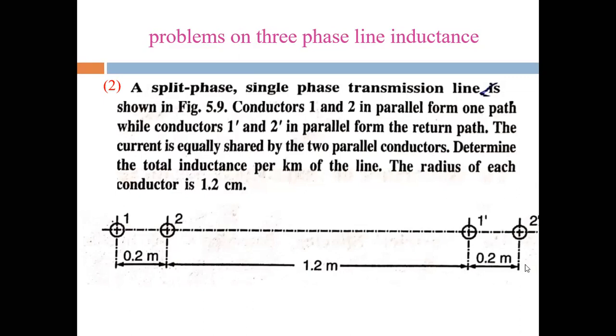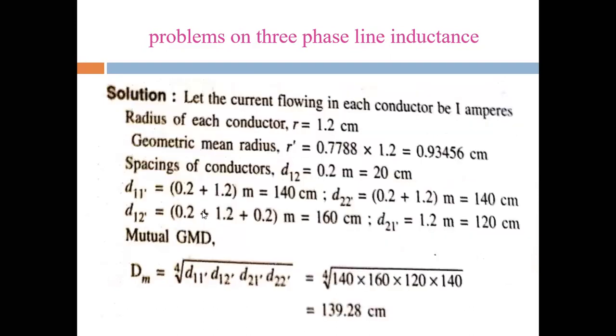So the distance from 1 to 2 dash is 0.2 plus 1.2 plus 0.2 plus 0.2. Converted into centimeters, that is 160 centimeters.